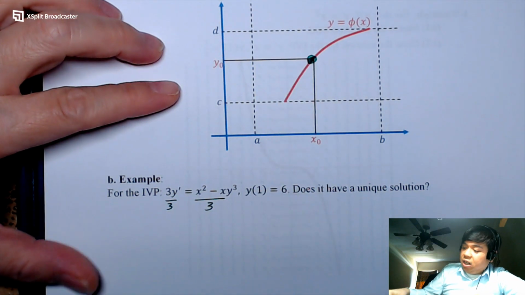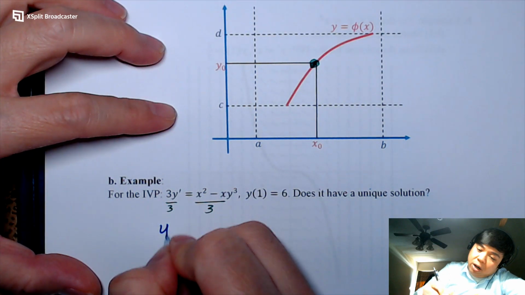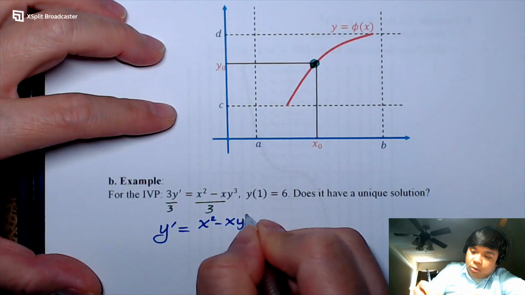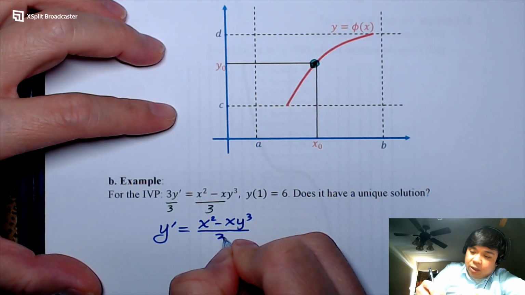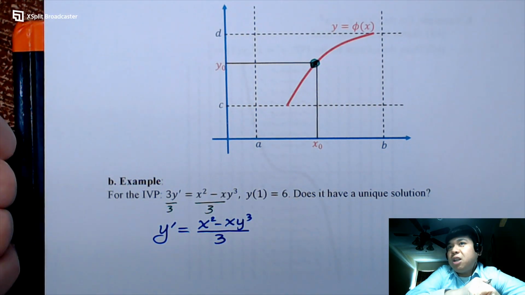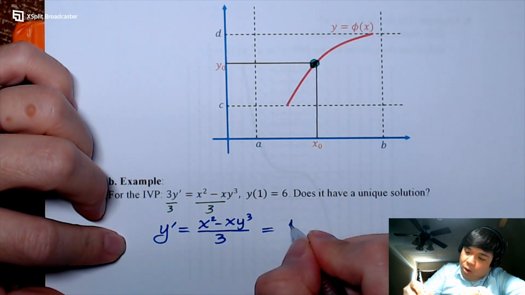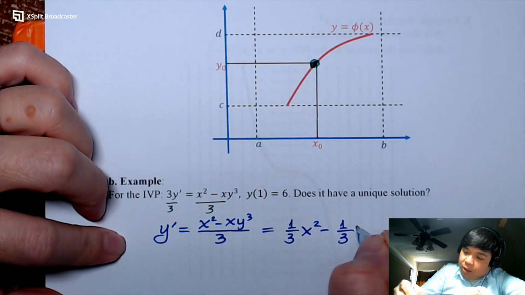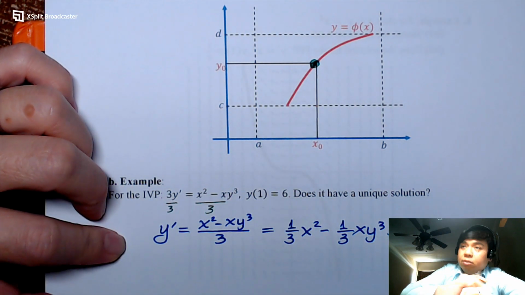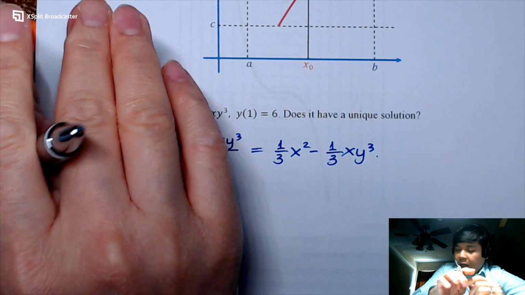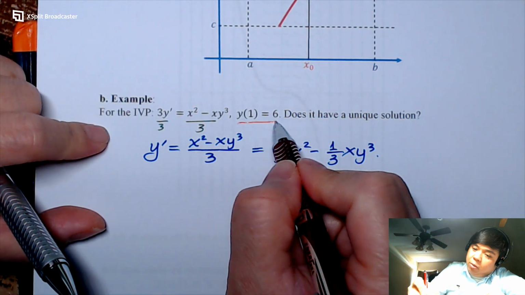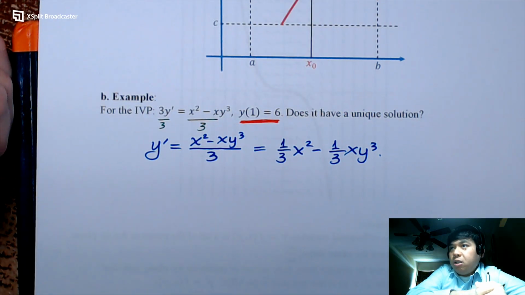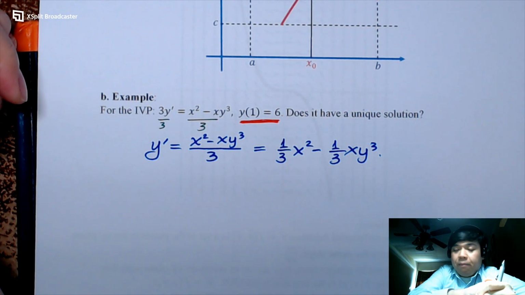So we get to the standard form of y prime equal to x squared minus xy cubed over 3. Or you can write it as 1 over 3 x squared minus 1 over 3 xy cubed. Okay, and we have the condition of f of 1 is equal to 6, or y of 1 is equal to 6. So when x is 1, y equals 6.